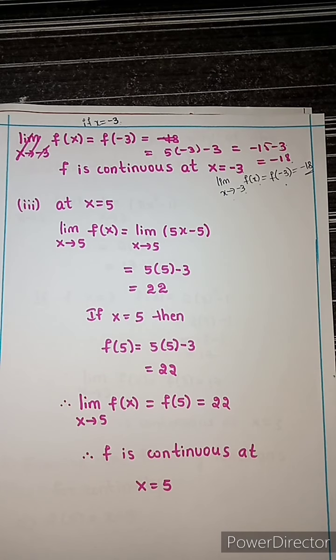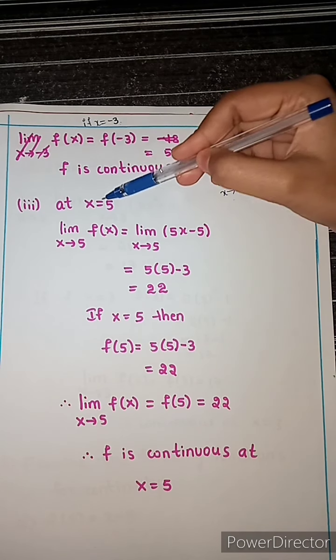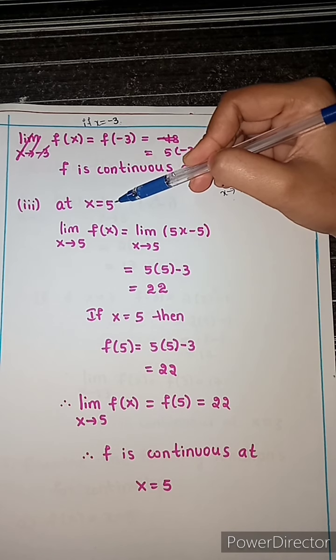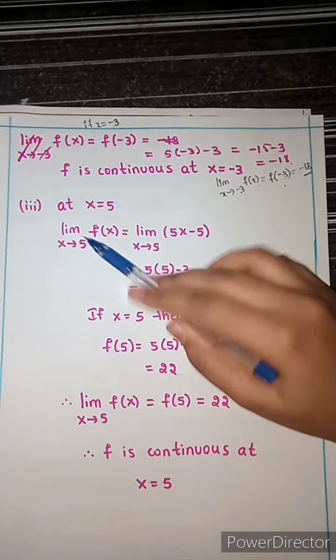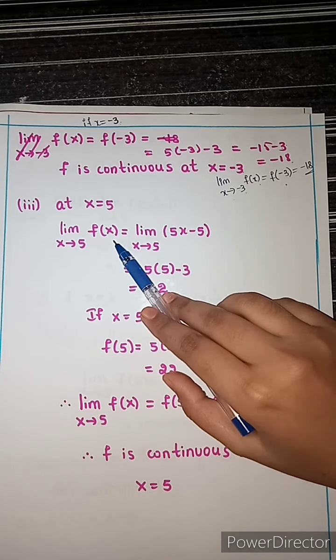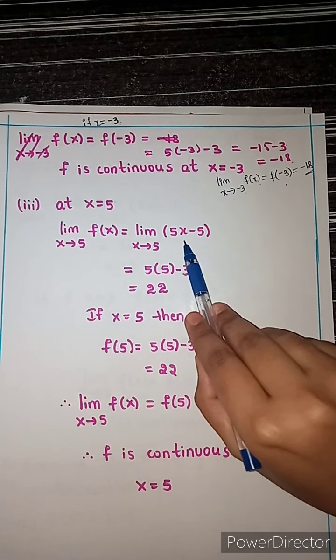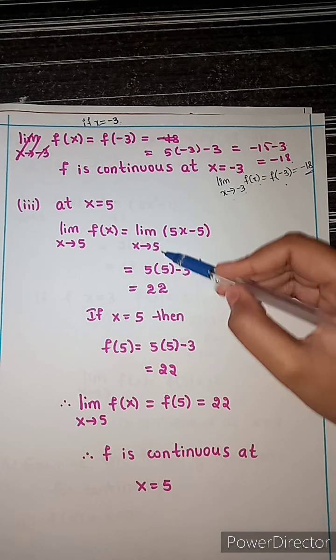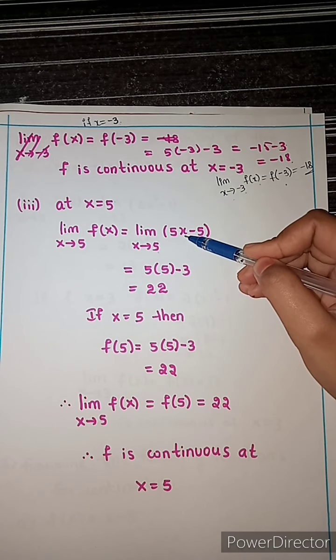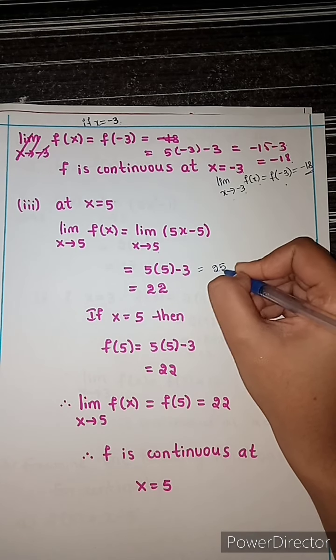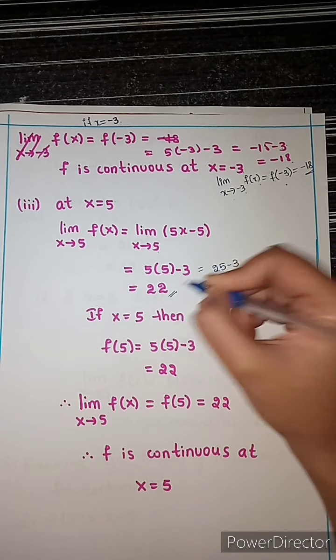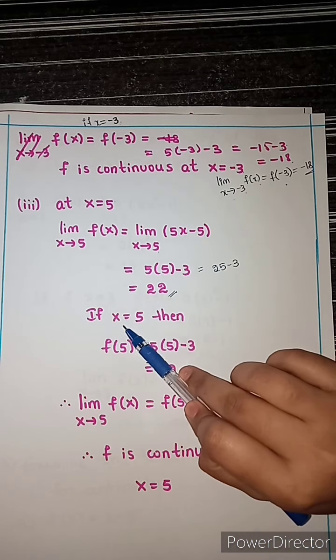Now let's check whether the given function is continuous at x equal to 5 or not. For that let's apply the limits first. Limit x tends to 5, f of x. Here f of x is 5x minus 3, right? Now put 5 in the place of x. 5 into 5 is 25. 25 minus 3, 22.